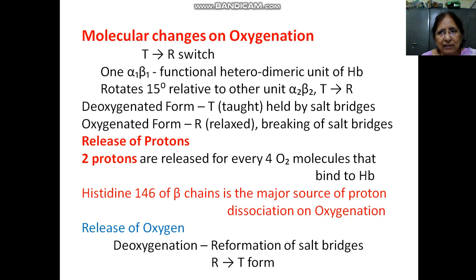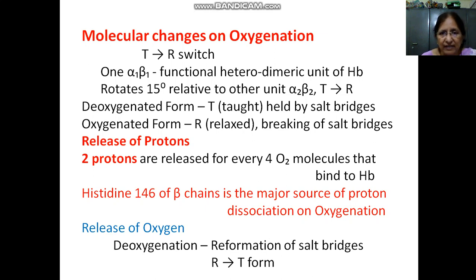So what happens when oxygenation takes place? The T form, the deoxygenated form, is converted to the R form, that is the oxygenated form. The alpha 1 beta 1 dimer rotates by 15 degrees, causing the conformational change with respect to the alpha 2 beta 2 dimer.